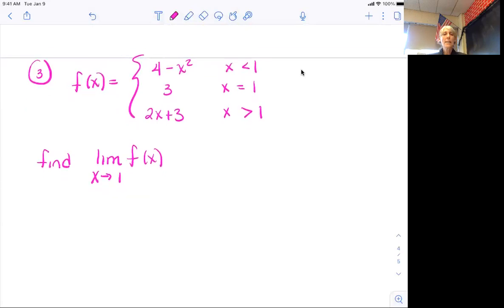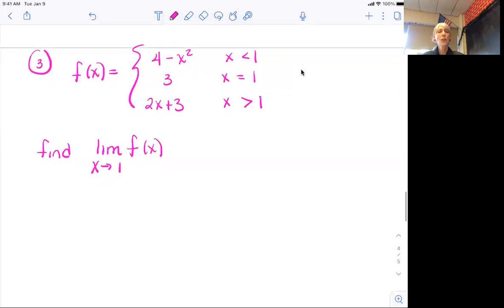Our function is f of x equals 4 minus x squared if x is less than 1, 3 if x equals 1, and 2x plus 3 if x is greater than 1. And I want to evaluate the limit as x approaches 1.